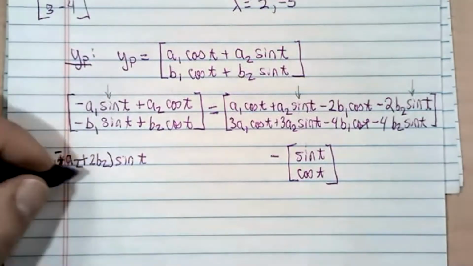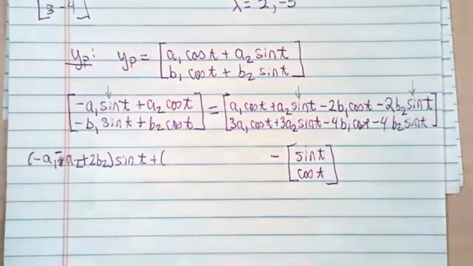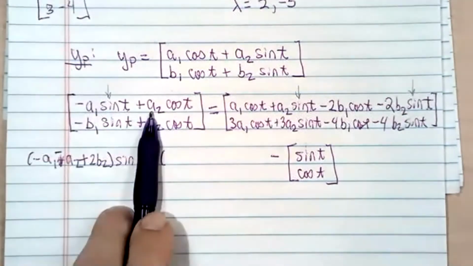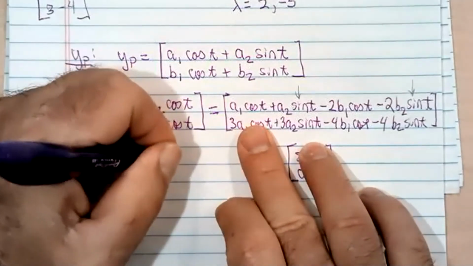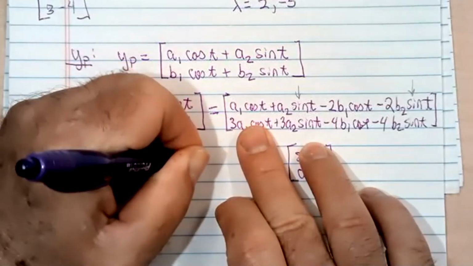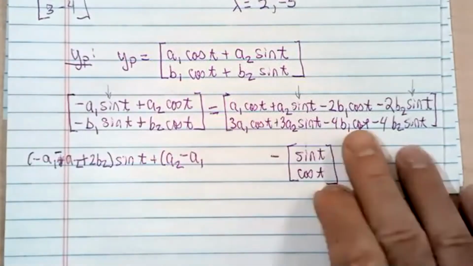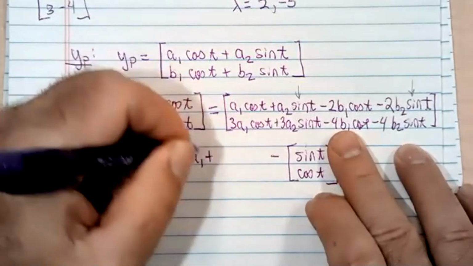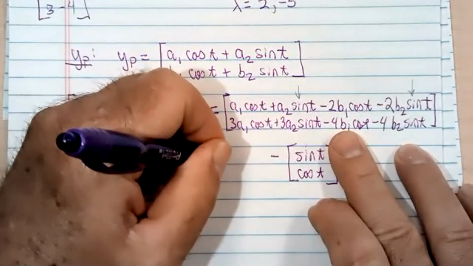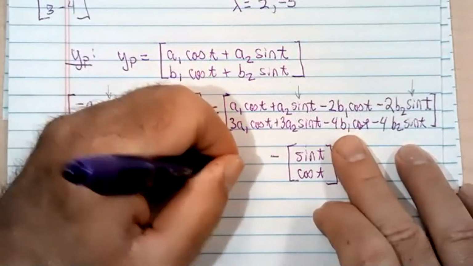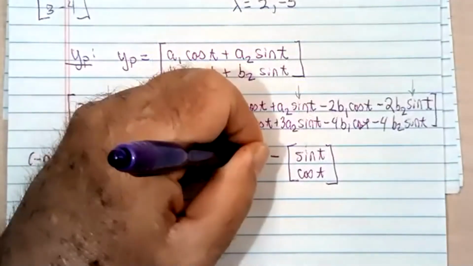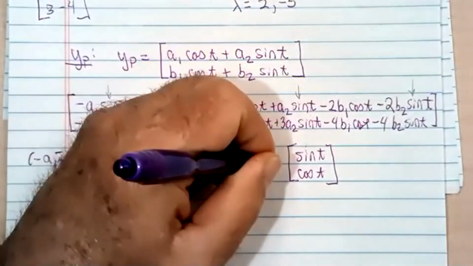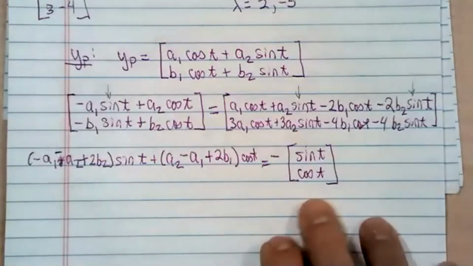And now we go after the cosine. Well, the cosine terms, I've got an A2 minus this A1 plus this 2 B1 times cosine t, and that equals this vector.